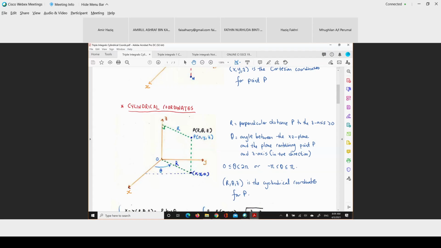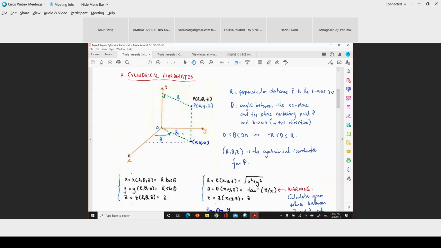So a point in space P can also be represented using these cylindrical coordinates: capital R, theta, and z.